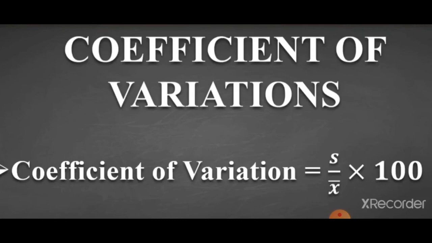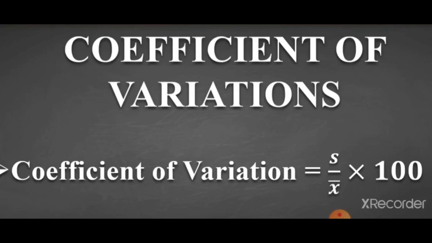It is measured in terms of percentage. That's why the coefficient of variation is presented as a measure of standard deviation with respect to mean. It is a very useful measure for comparing the dispersion of two or more data sets.